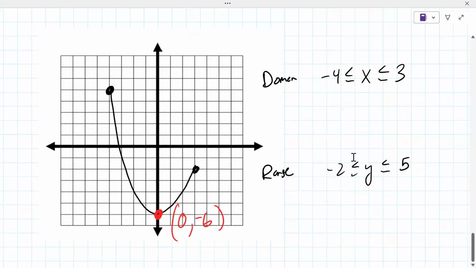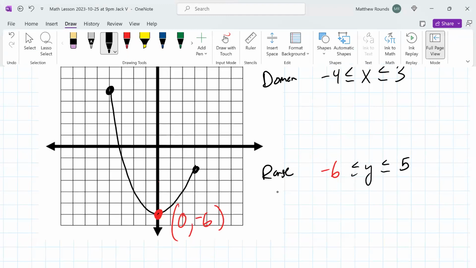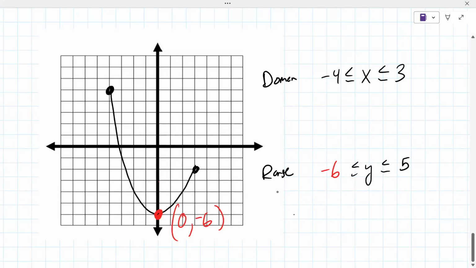Oh, yeah. So here's the mistake. The mistake is to only look at the endpoints. If you say to yourself, what's the smallest y value? And you're like, oh, there it is, then you have a chance. It's not just the endpoints that you're looking at. Is that okay? Yeah.